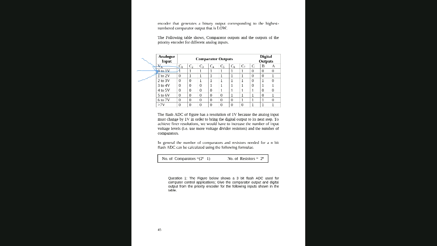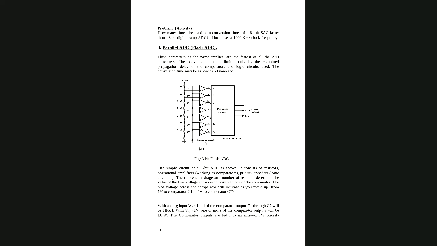Less than 1 means it can be 0.2, 0.3, 0.4, 0.5, 0.6, whatever. What will happen now in this example? Again, please, this is very critical to understand. This input is from 0 to less than 1, means it can be up to 0.9999, whatever.